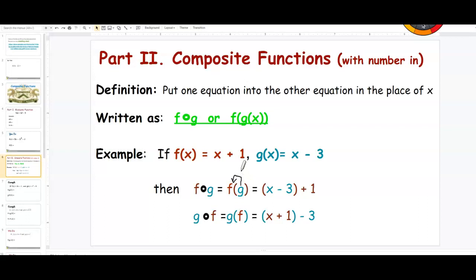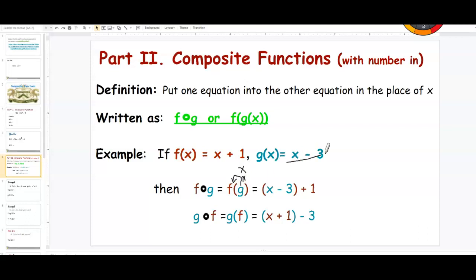You'll see you put equation g in equation f, right? And we just said the thing inside of the parenthesis means you're going to replace x by it. So you're going to put equation g in equation f. It means you're going to replace the x in equation f by g, okay?